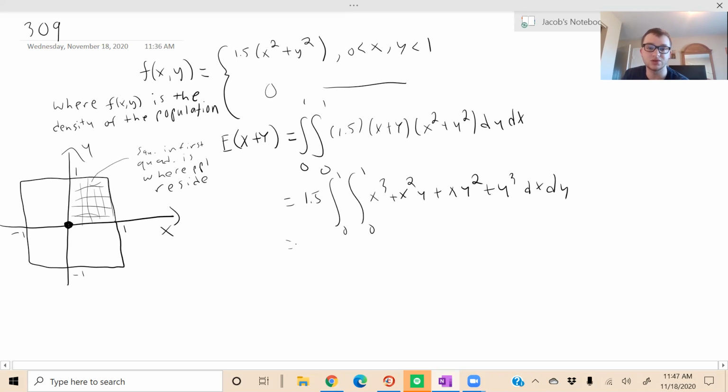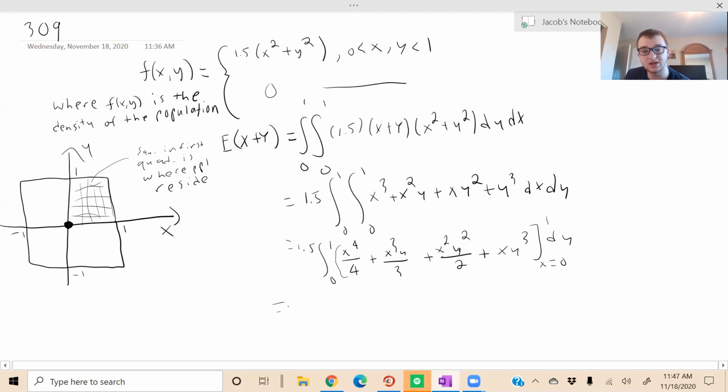So this equals 1.5 times the integral from 0 to 1 of x to the 4th over 4 plus x cubed y over 3 plus x squared y squared over 2 plus x y cubed, to keep my x's in front. And this is integrated from 0 to 1 dy.